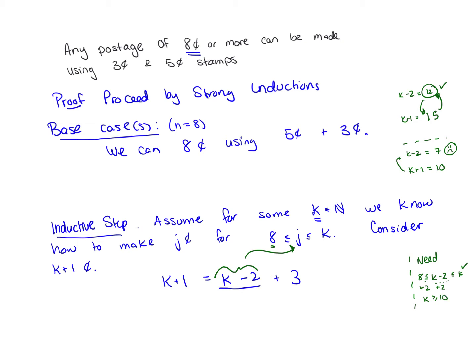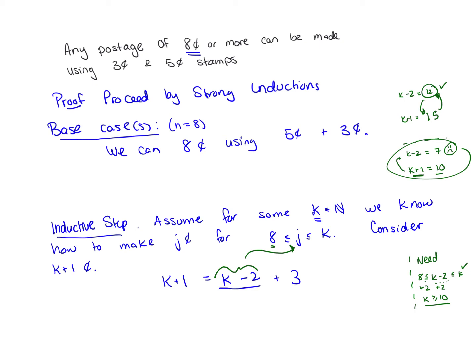Add 2 to 8. It has to be bigger than or equal to 10. So I can really only start with my k being 10 and then go up from there. If I'm starting at less than 10, I can't subtract 3, and go backwards to get my k plus 1.